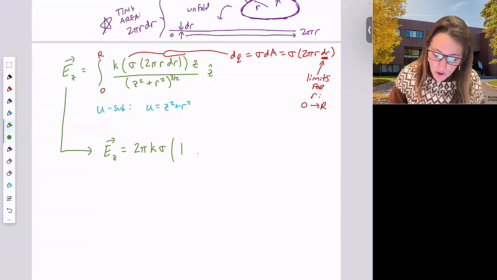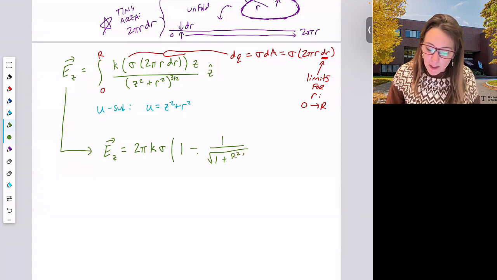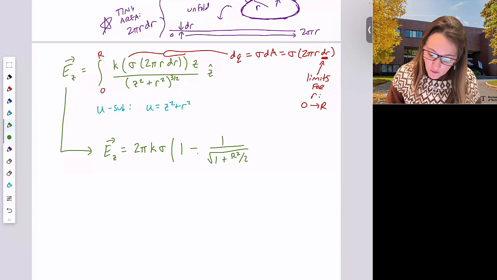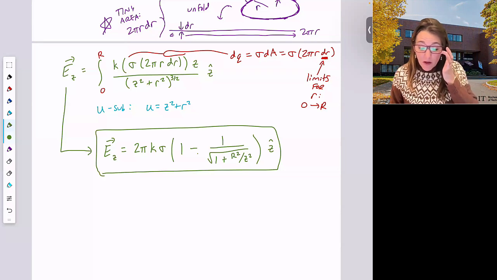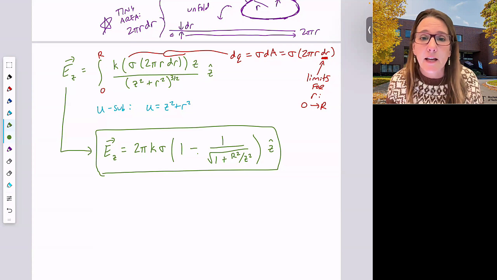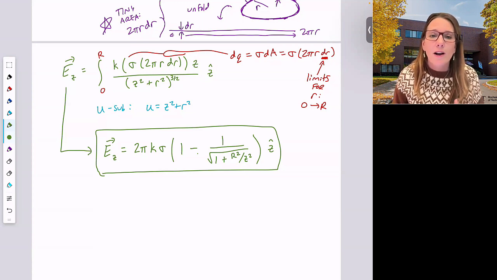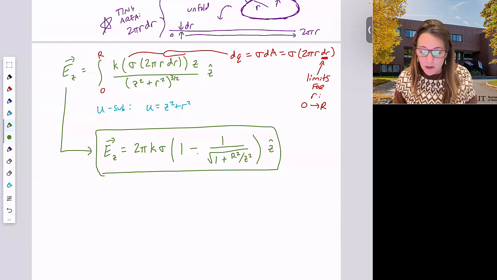And then times 1 minus 1 over the square root of 1 plus R squared, the radius of the plane, over z squared. And that whole thing is in the z hat direction. So that result is the exact result for any plane above it. And what we're going to look at in a second is what happens if that plane gets very large compared to the distance that we are from it.